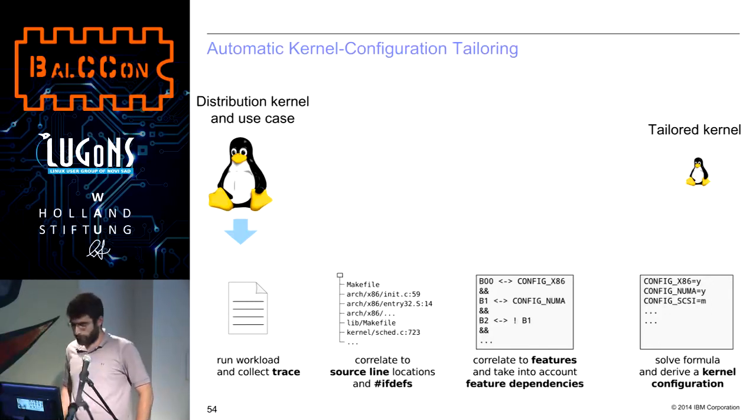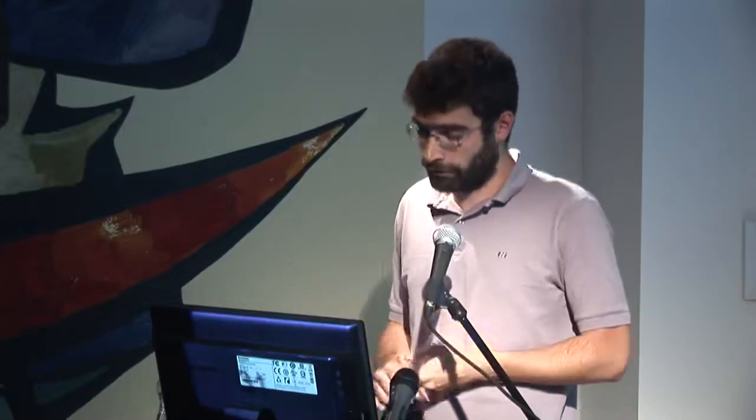Then we use a tool called Undertaker that will generate essentially the dependencies that exist in the kernel as a Boolean formula between the kernel configuration itself and the ifdefs that are in the code.